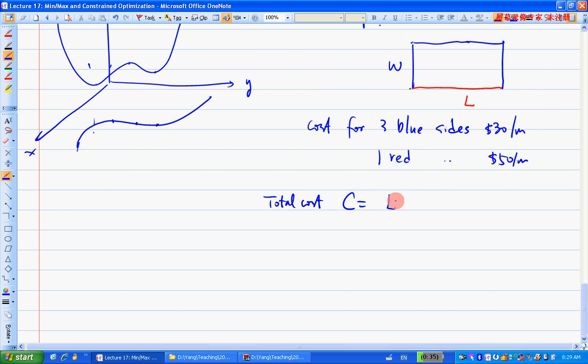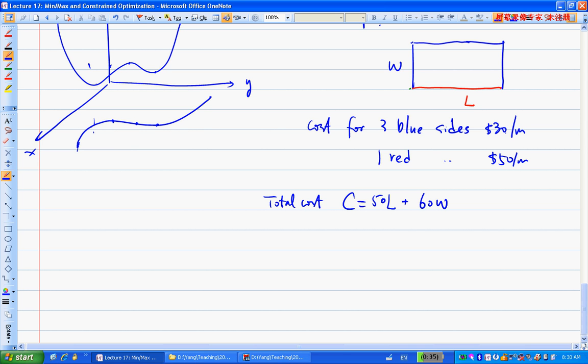L is $50, so $50 times L plus 2W times $30, so 60W. Wait, isn't there 2 W sides and 1 L side on top? So shouldn't it be 2W plus L, times 30? Yeah, 2W times 30, right? Plus L. Hmm?